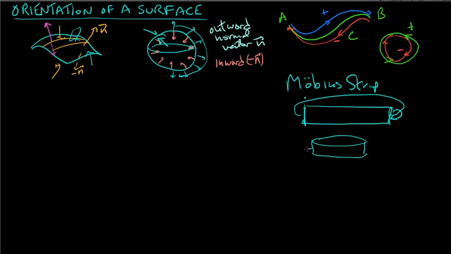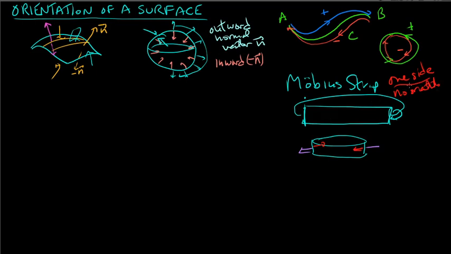So this has two sides, the outward and the inward. But the Mobius strip only has one side. It's all one side. So there's no orientation because we can't pick one of two vectors. There is no n and negative n, there's just n.